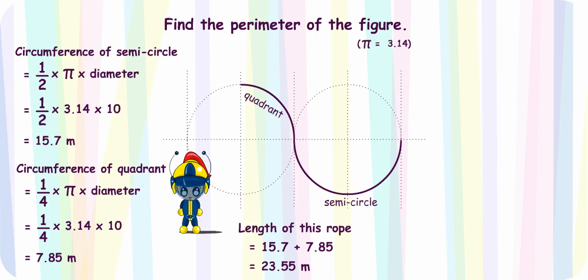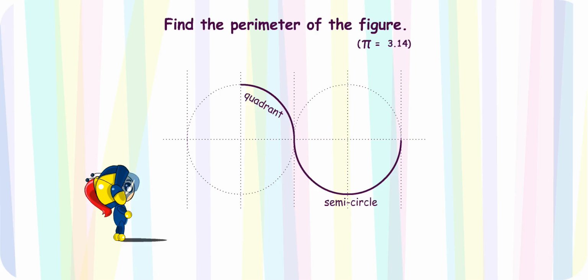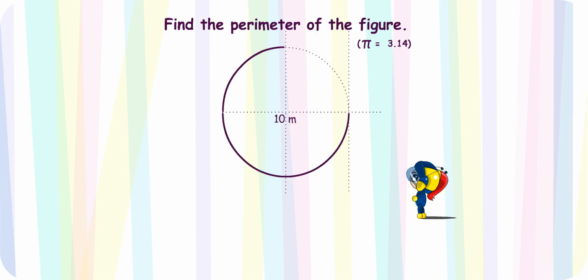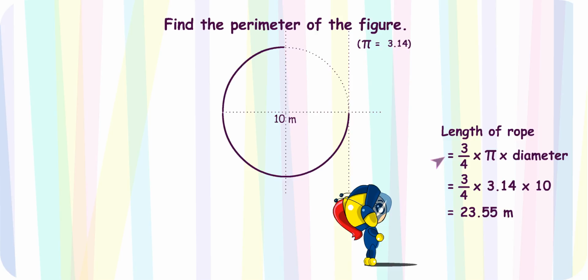That's correct. There is another way to calculate the length of the rope. Both the semicircle and quadrant have the same diameter, which means I can move the quadrant as such to join the semicircle to form 3/4 of a circle. Thus, the length of the rope is 3/4 times pi times diameter, which is 3/4 times 3.14 times 10 meters.